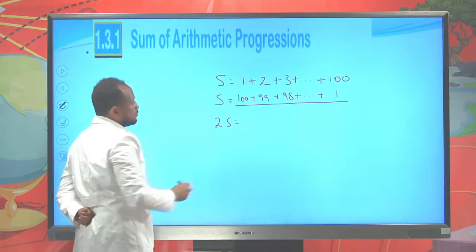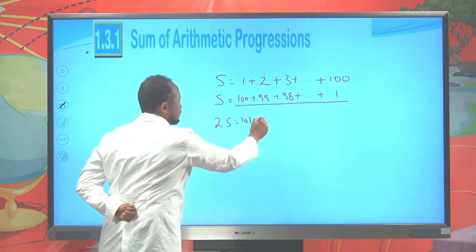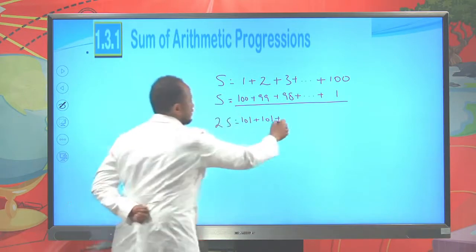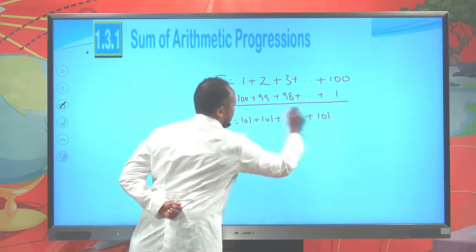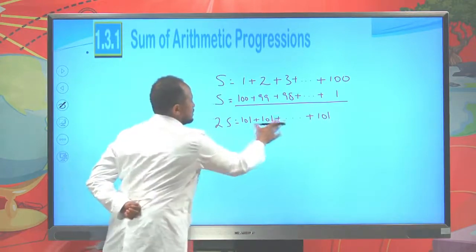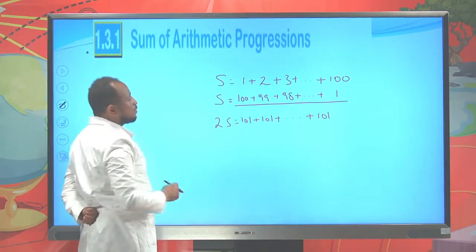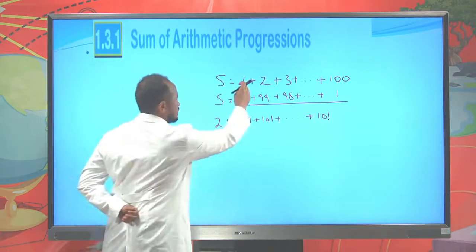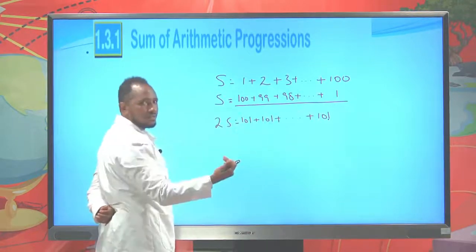So the sum of each pair is 101. This also is 101, and all the terms are 101. It goes on like this up to 101. So we can add these numbers easily. We have 100 terms, each 101.